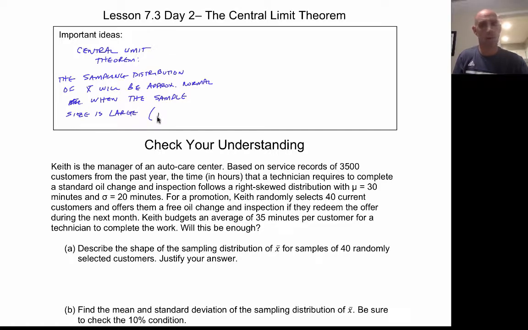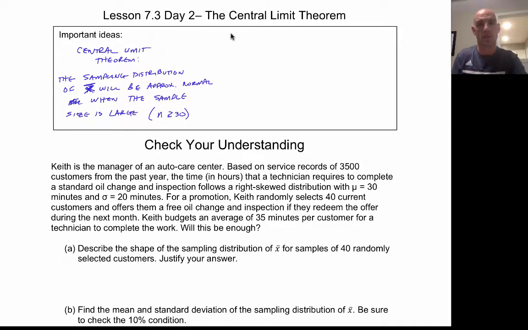And n is greater than 30. So if we have samples of greater than 30, then the sampling distribution of x bar is going to be approximately normal, not our data. The sampling distribution of x bar, so the sampling distribution of the means, important, will be approximately normal.